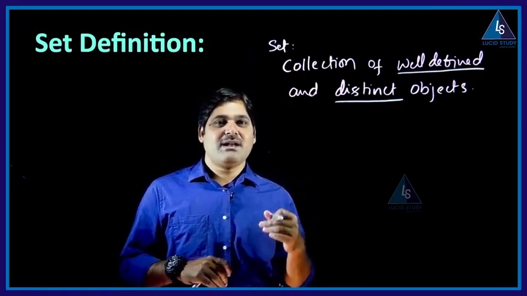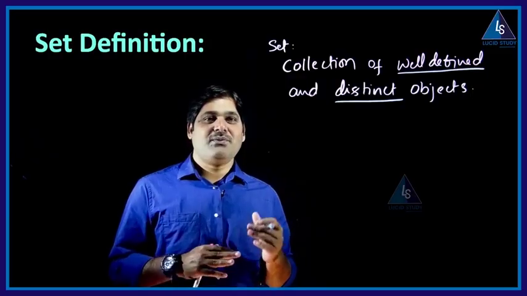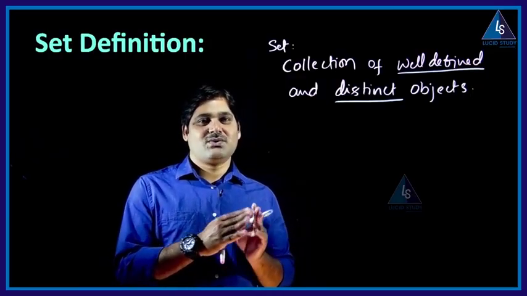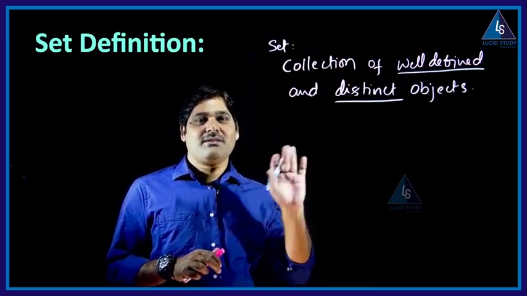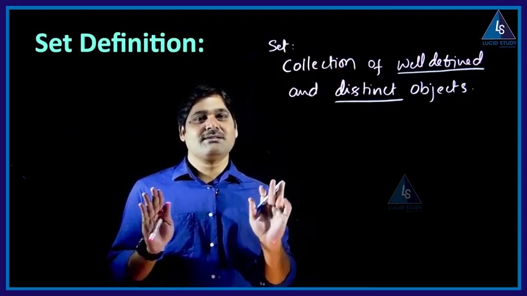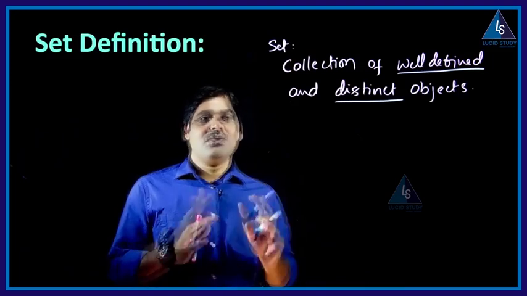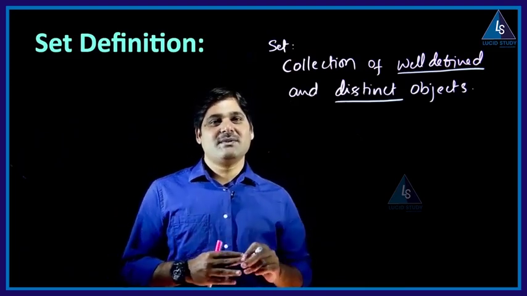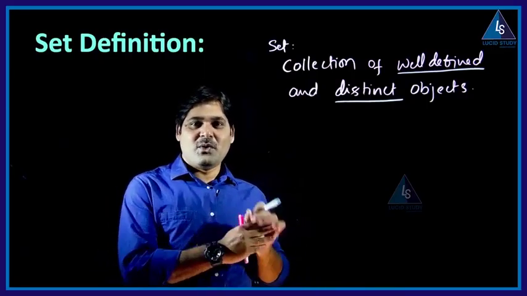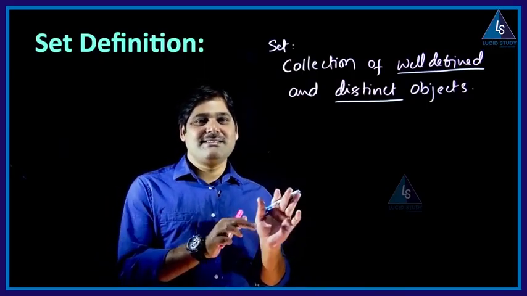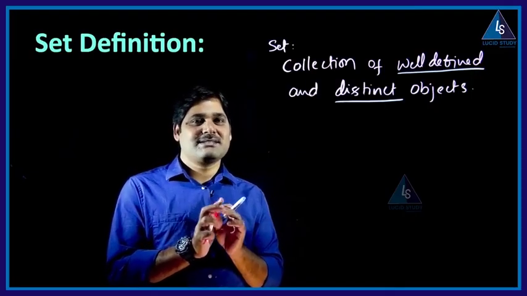Suppose I take objects that are not well defined. If I ask about the strong students in your class, everyone will raise their hand: I am strongest, I am strongest. Or if I ask who the smart students in our class are, everyone will raise their hands. To avoid this confusion, this is not a well defined set.